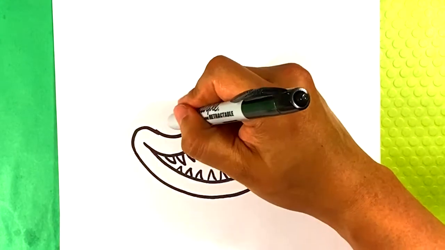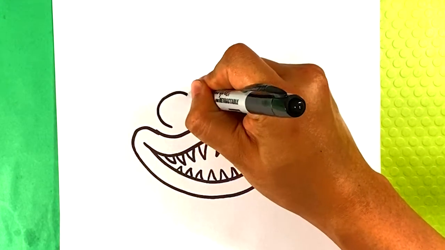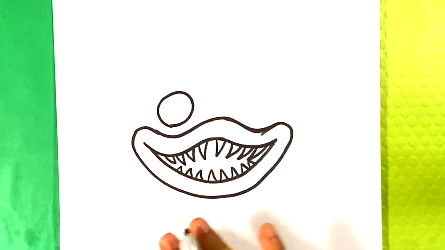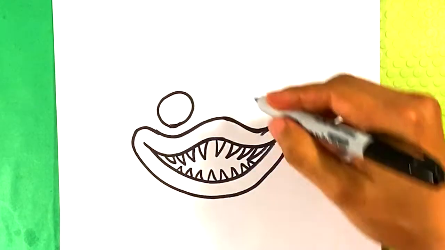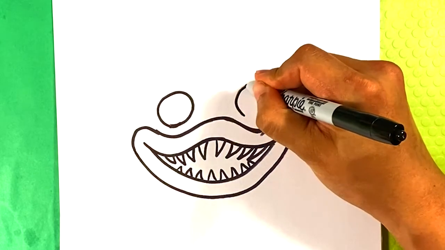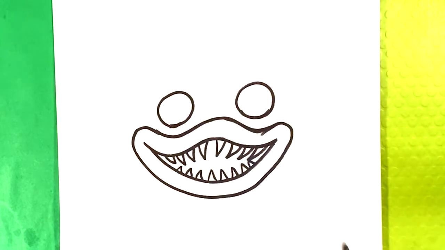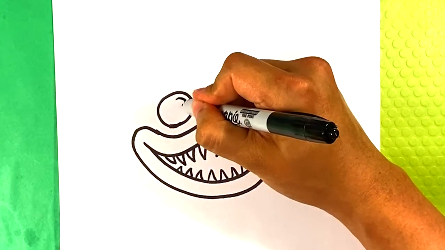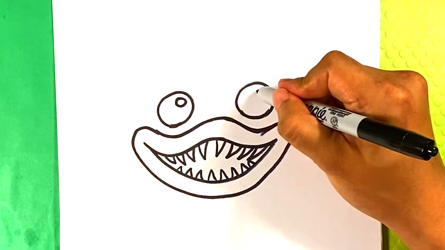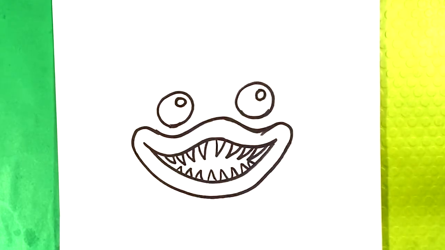Now I'm going to go over here to the eyes, and I'm going to draw a circle over here on one side, almost really nestled into that area. Circle here. Circle here for the highlights.